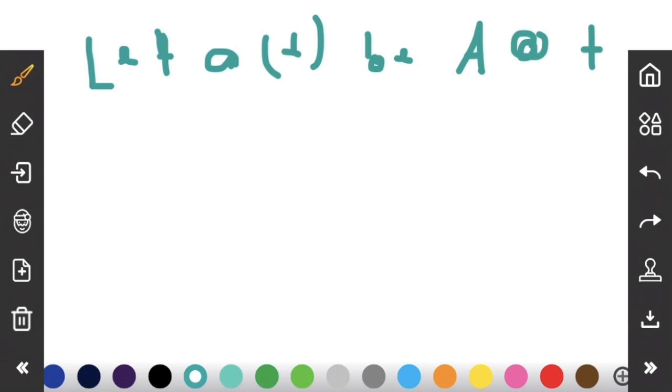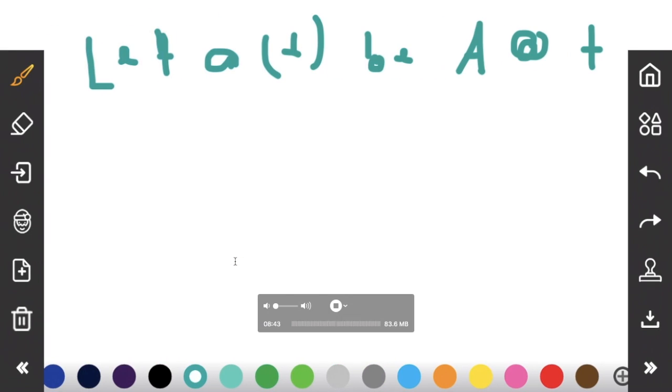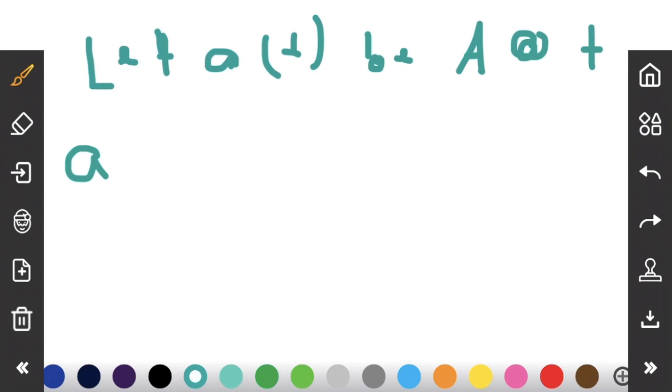Okay, and we're looking for the position of train A in meters at time 12. So we're looking for the position. We said A of t, at 12.